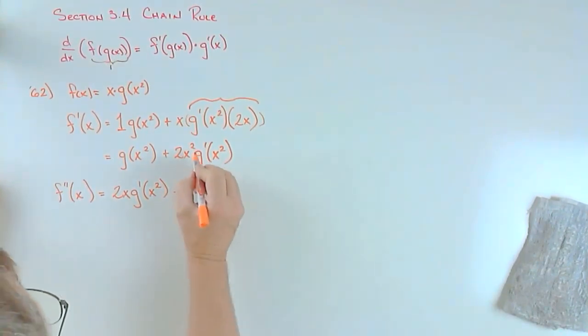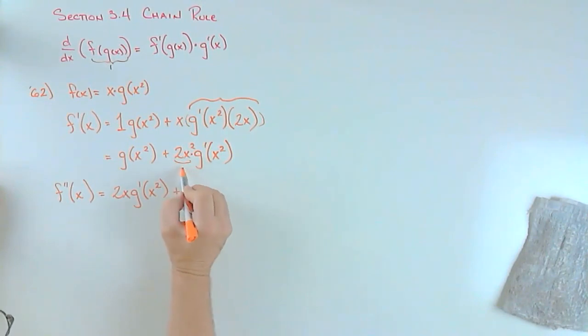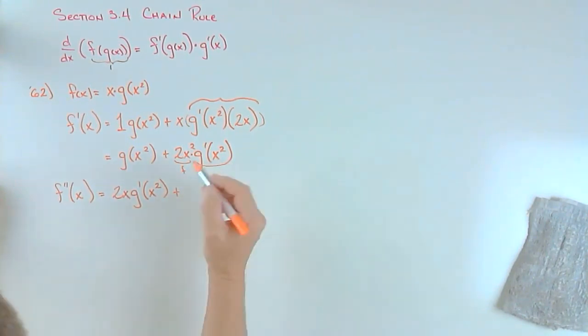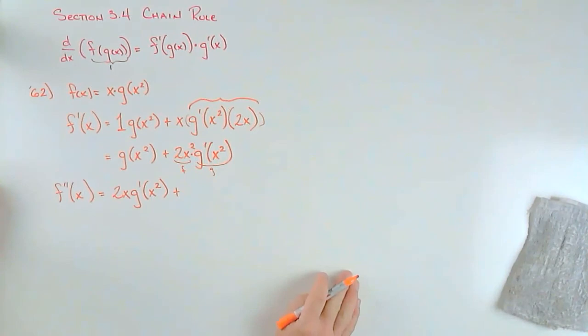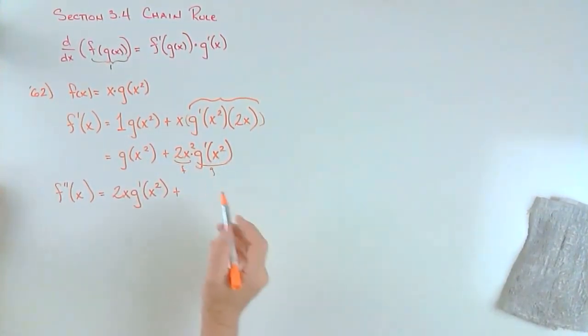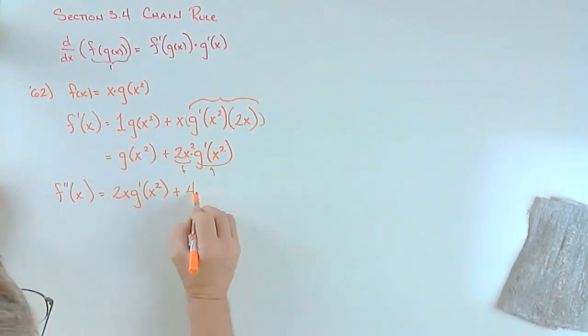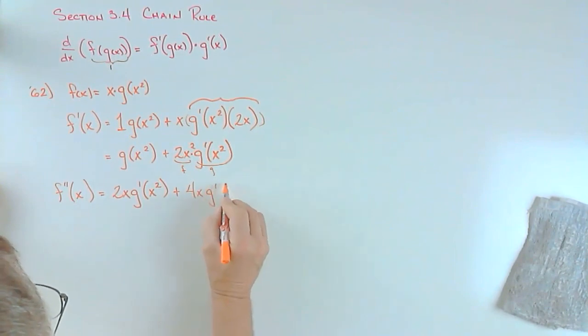Plus, now we have to use product rule again. This is my f. Pardon my use of letters here, but this is my g from the product rule. That g and that g, completely different g's, of course. So I take the derivative of the first term, 2x squared. The derivative of that is 4x. I leave this alone.